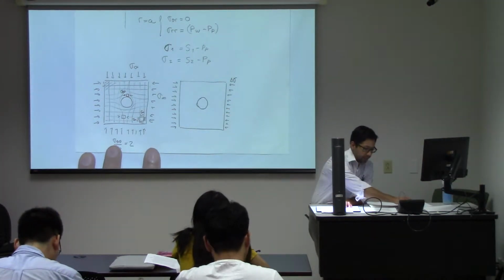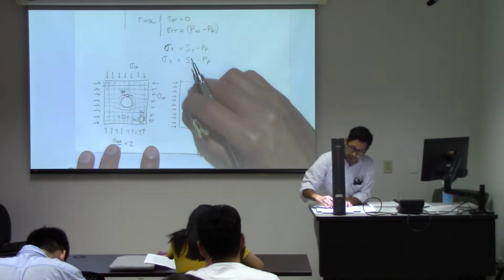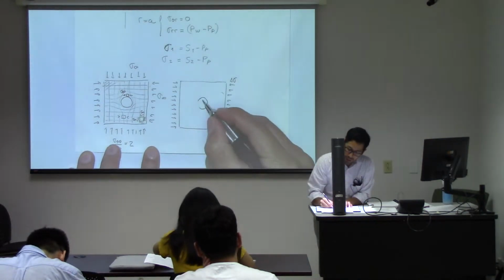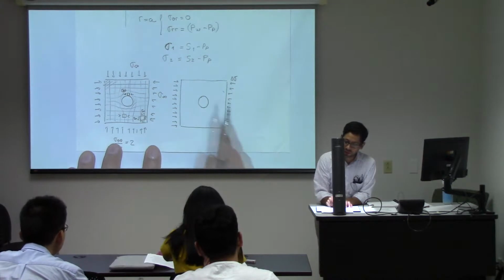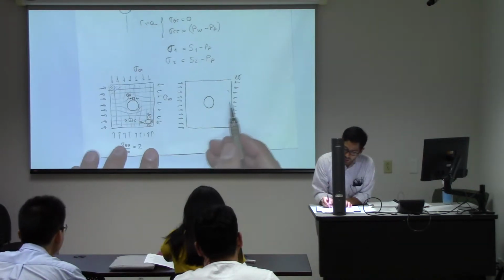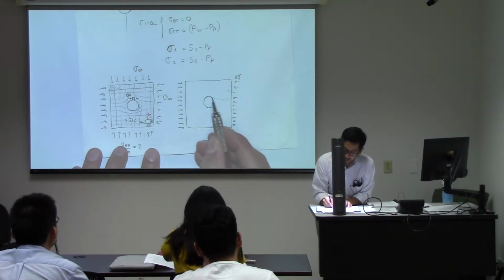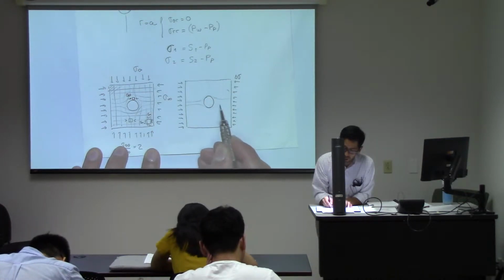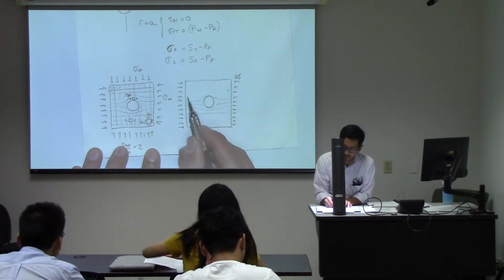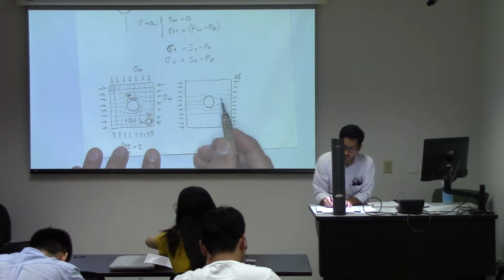Very similar to the case that we discussed before. If you have no stresses in this direction, if you just have stresses in this direction, your stresses again are going to bend over the cavity and go around it. There is going to be, very similar as before, a zone of influence.